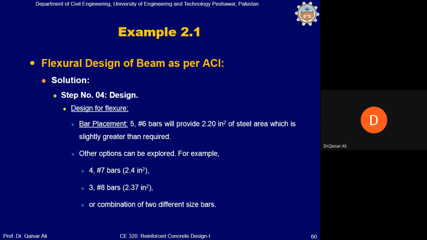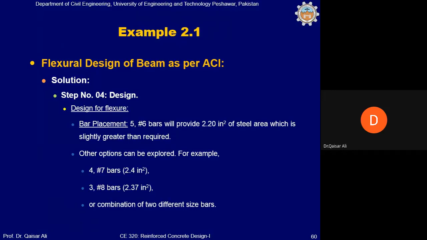The bars which are readily available in the market and most common are the half-inch bar, which is number 4 bar, and then number 6 bar, which is 3 by 4 inch diameter, and number 8 bar is also available, not like number 4 and number 6, but it is available. Uncommon bars are number 5 and number 7.